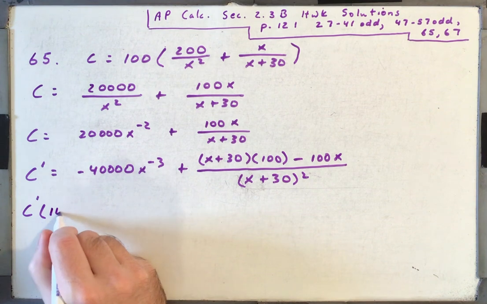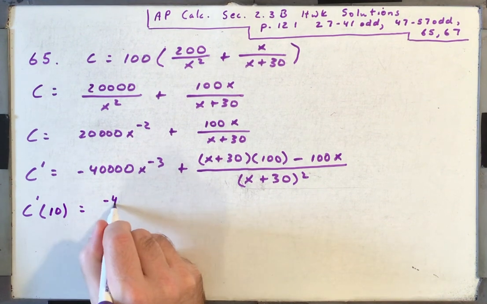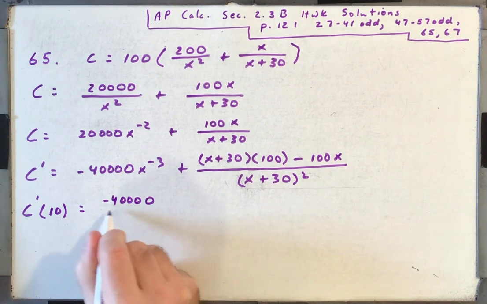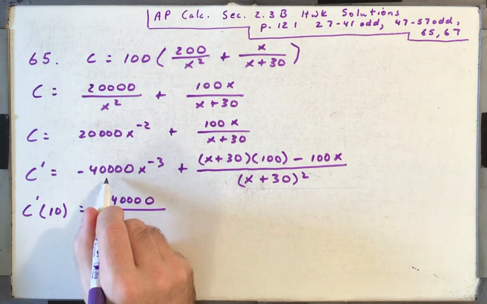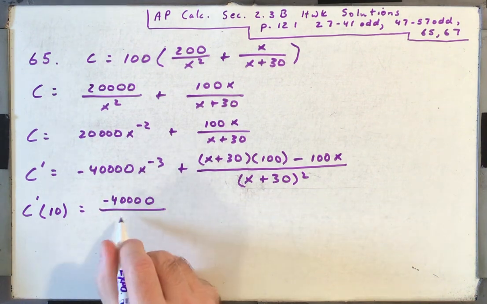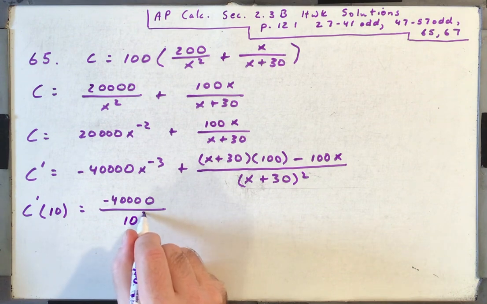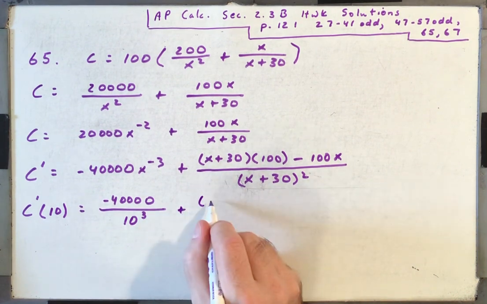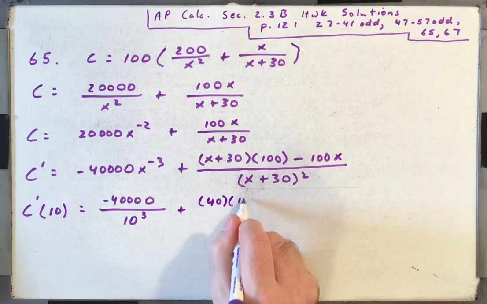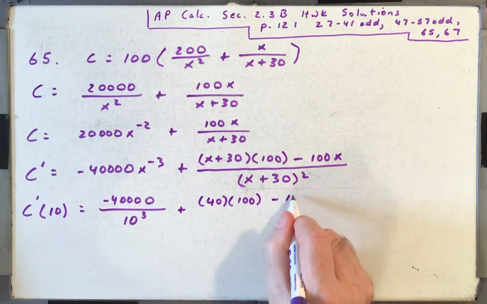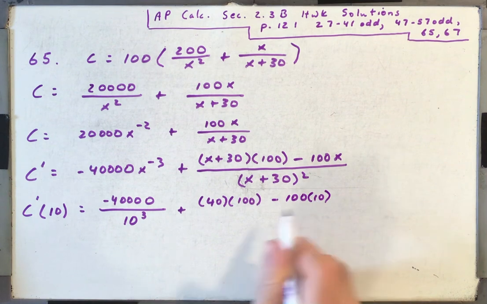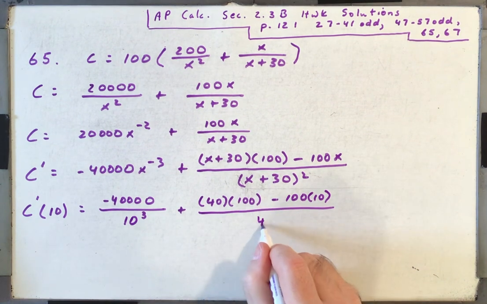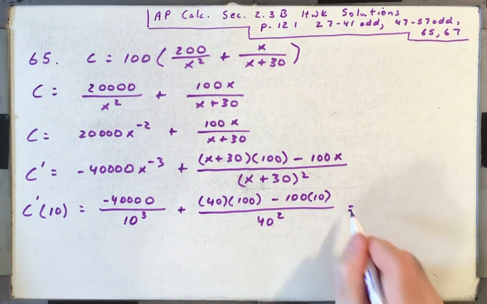So C prime of 10 would be negative 40,000 over, and I'm going to bring this x underneath, that'd be over x cubed, so over 10 cubed plus 10 plus 30 is 40 times 100 minus 100 times 10 over 40 squared.